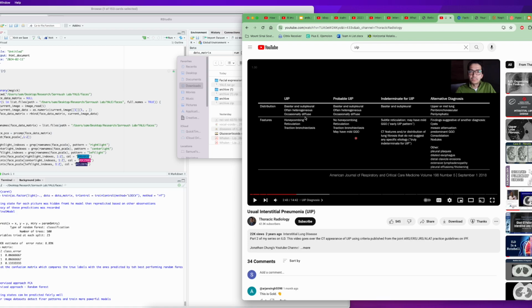It's going to need to recognize basilar, subpleural features of honeycombing, reticulation, and traction bronchiectasis. It's going to have to recognize that when there's pleural plaques, dilated esophagus, any of these, then it's going to be the alternative diagnosis. I'm going to be curious to see the results of the project as it comes about.